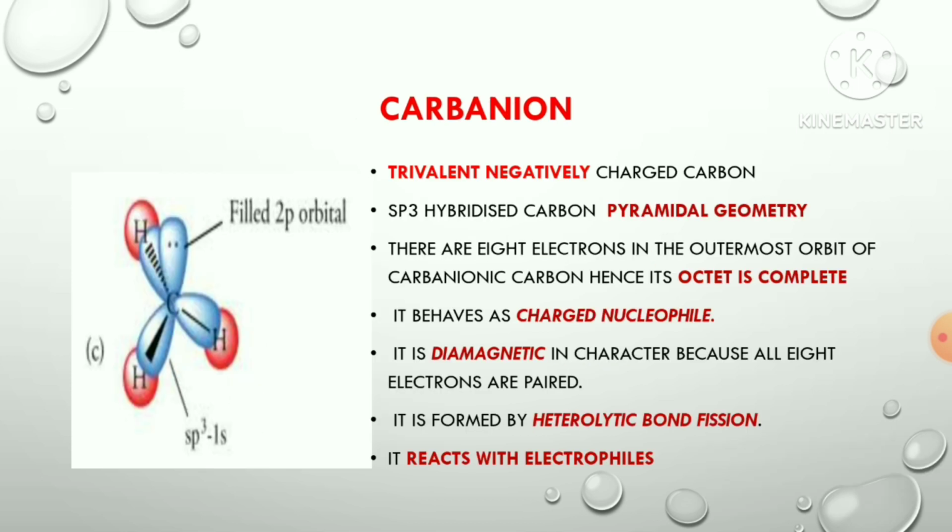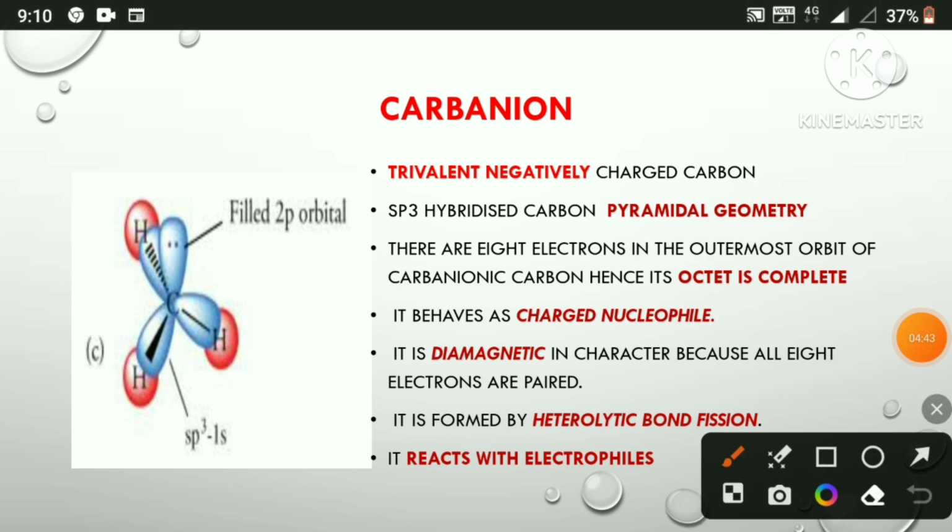So let's see carbanion. Carbanion is a trivalent negatively charged carbon. The negatively charged carbon has sp3 hybridization, and sp3 carbon has a pyramidal geometry.